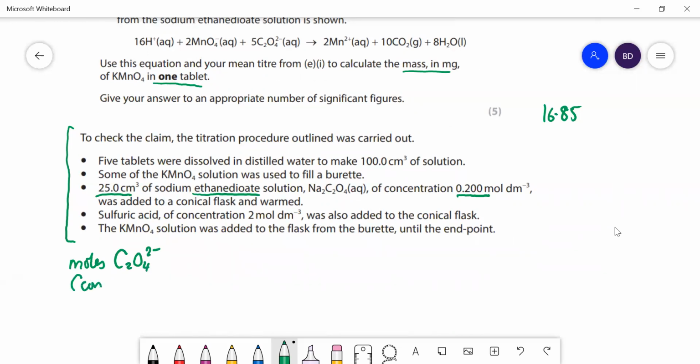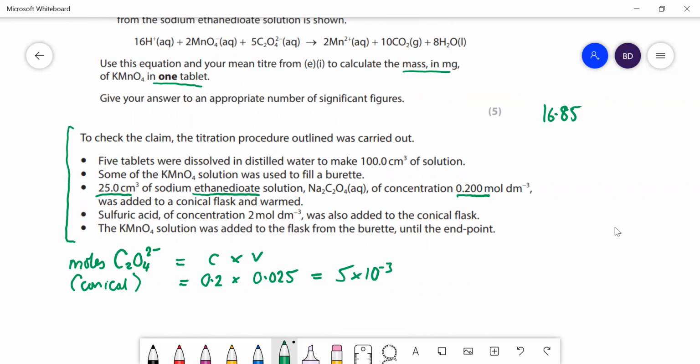Concentration times volume, which is 0.2 multiplied by 25, so that's 0.025 dm cubed. That is equal to 5 times 10 to the minus 3 moles of ethane dioate.